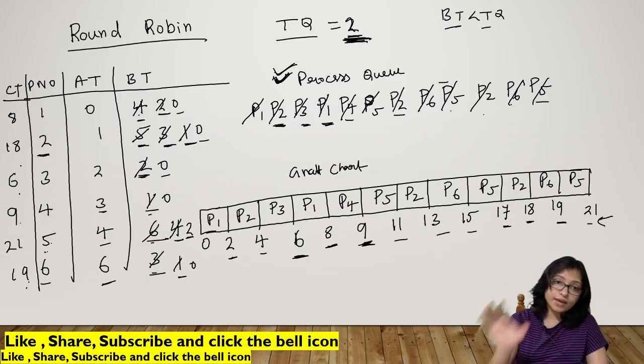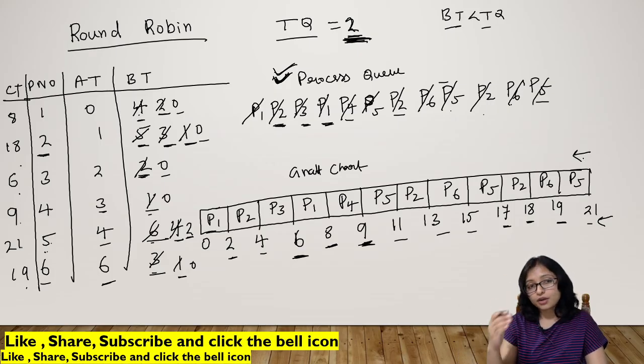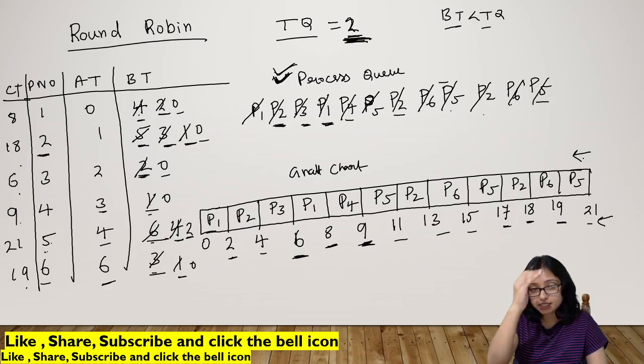Okay. Now I am going to the next page. I think now how to put the completion time is very clear. So to do the next calculation of the turnaround time and waiting time, I am writing on the next page. Just write down the completion time from here. How to check?